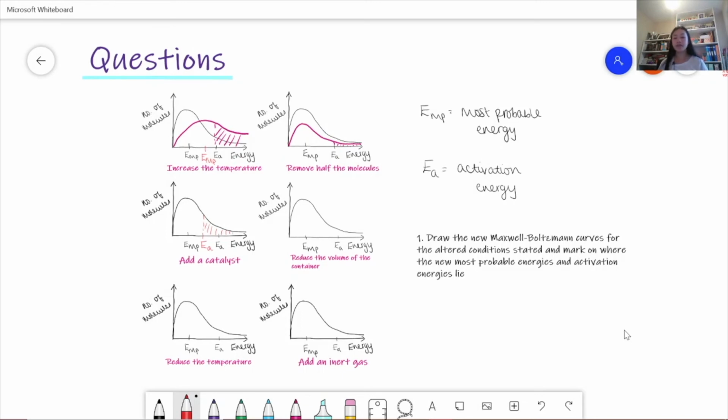For number 5, we're reducing the temperature, so we're doing the opposite to what we did for number 1. So the graph would look something like this. The whole area under the graph is the same because there's the same number of molecules, but this most probable energy has decreased.